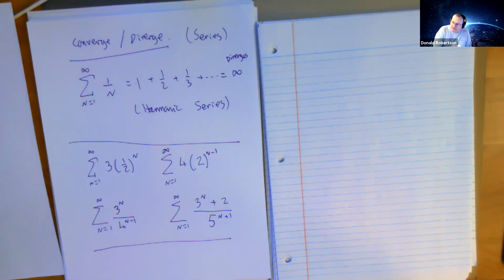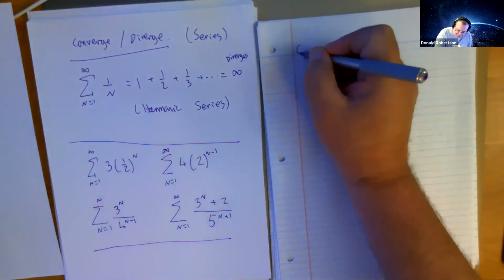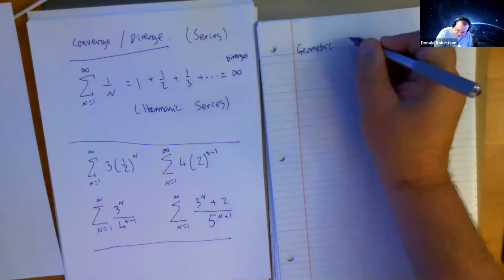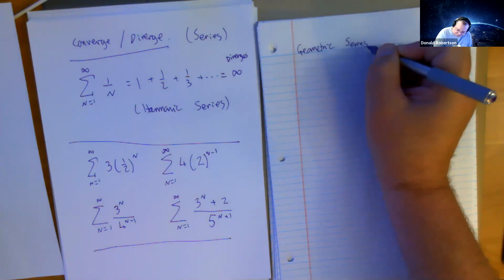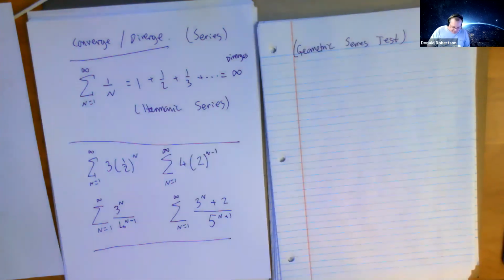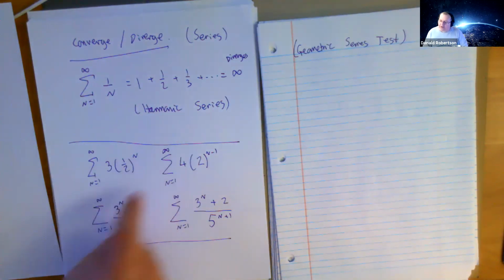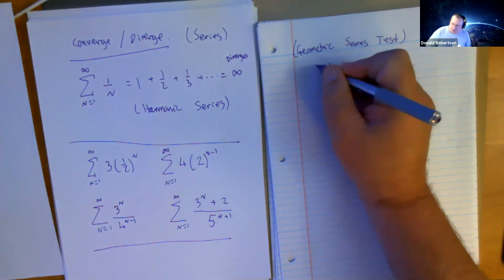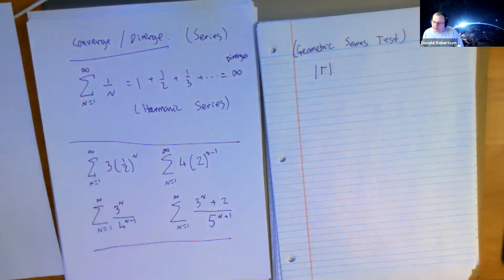So we have a test called the geometric series test. And what it says is that if you have a guy that looks like this, find the absolute value of R, the common ratio.